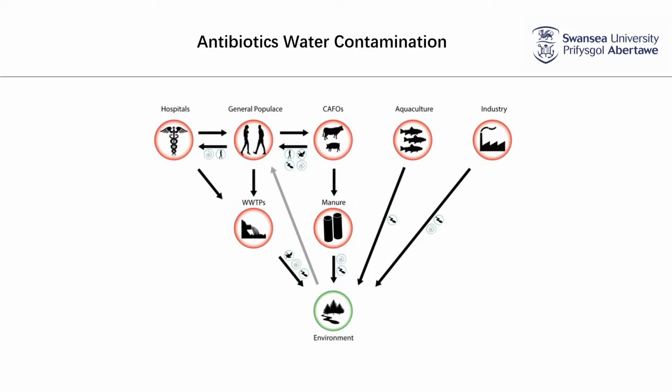The highest concentration of antibiotic contamination is in places where we use them the most. A good example of this is of course hospitals, because that's where we find the infected patients, whom we treat with the antibiotic.